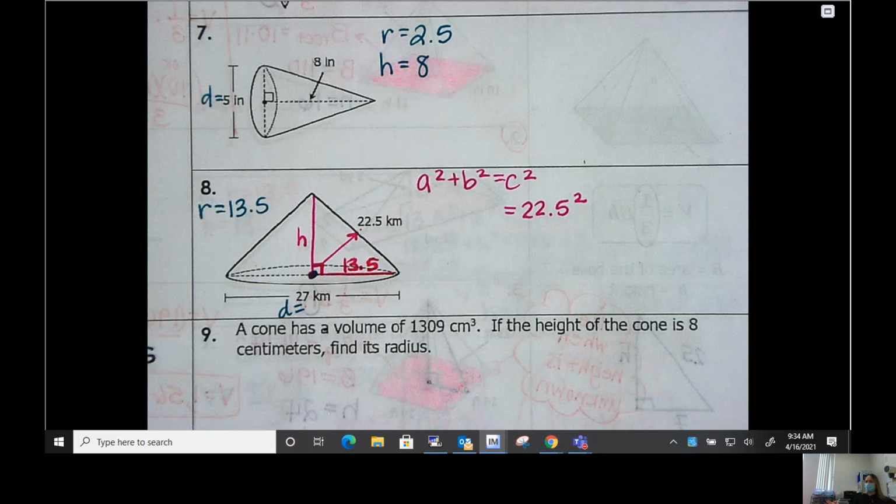Yeah, square the numbers. Exponents. So you're going to square both of these numbers. Do you remember how to do that in your calculator? You just push the x squared button. So push the number first, then push the x squared button.